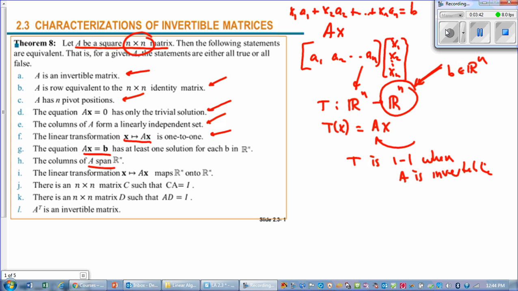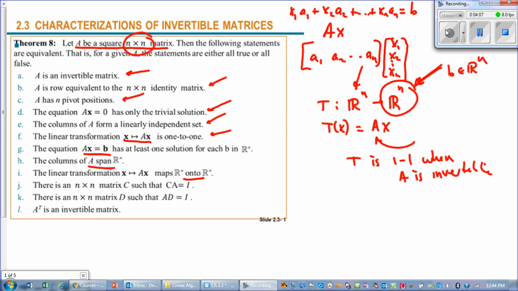So that's the idea of spanning the space. The linear transformation from x to Ax, that's our transformation T that we're referring to, it maps Rn onto Rn. Now that's true because we know that every vector in the codomain has some x that maps to it. That makes it onto.